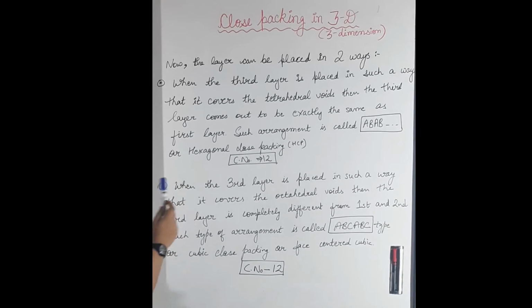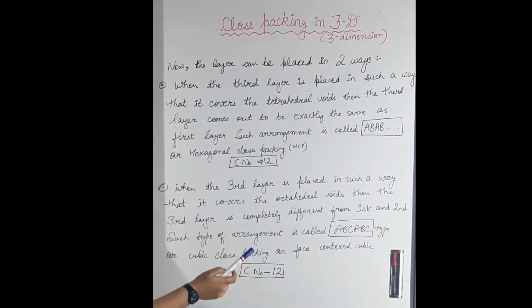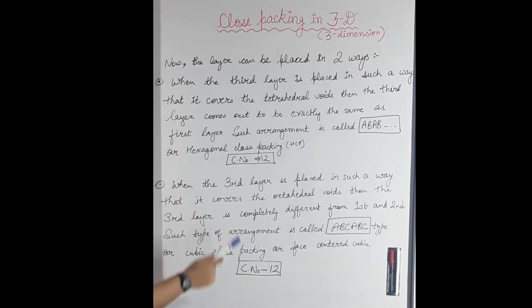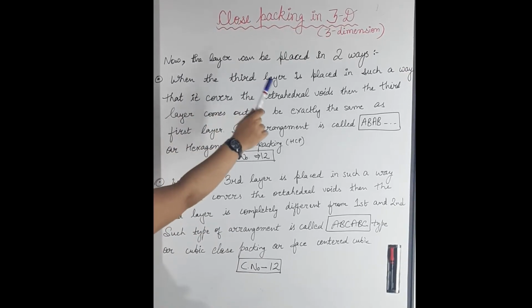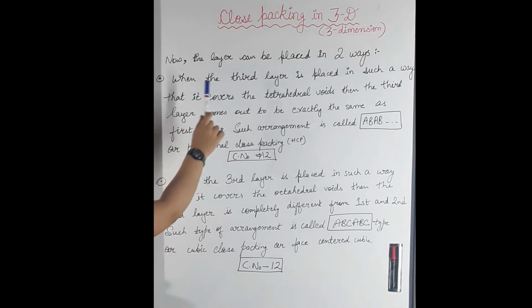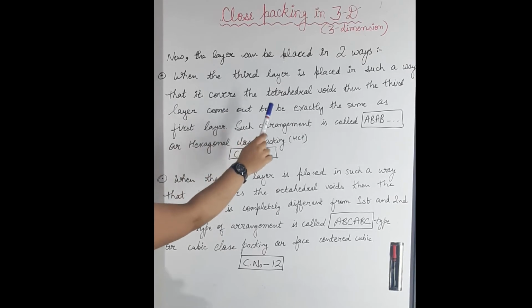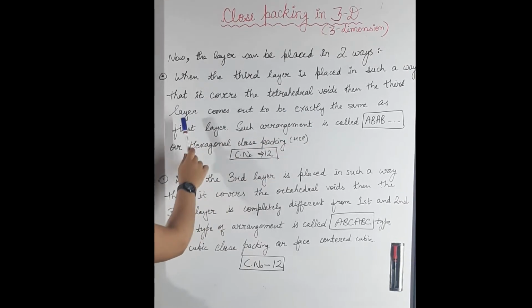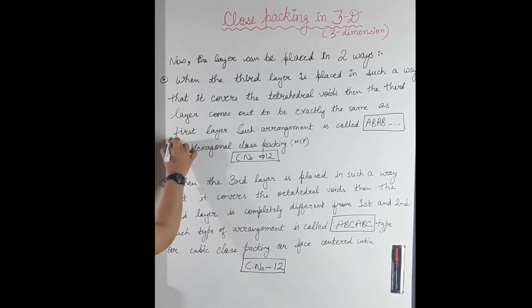Guys, in continuation with the hexagonal close packing in 2 dimensions, further these are to be noted down. Now the third layer can be placed in 2 ways. When the third layer is placed in such a way that it covers the tetrahedral voids, then the third layer comes out to be exactly the same as the first layer.